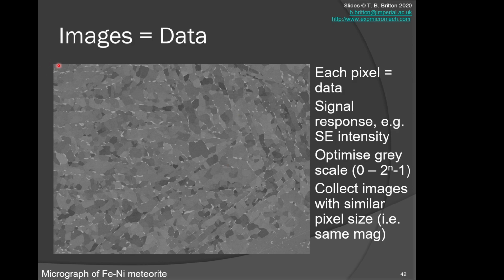At each XY position, we have the backscatter signal of this sample, telling us the number of electrons hitting our detector, and it's encoding the first order signal. We have bright features, and yes, they're nickel-rich regions. So they are the FCC crystal phase in this example, and they are typically located on the boundaries of the BCC iron-rich phase.